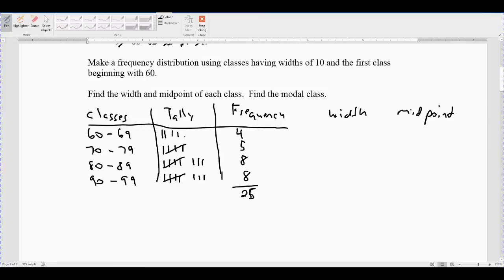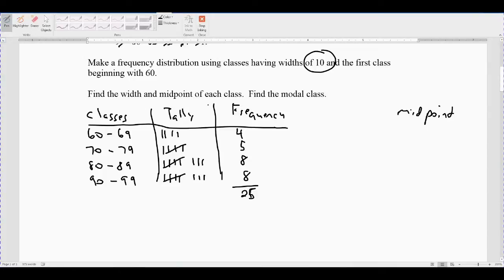We already know the width of each class. It has to be 10. The way you read that, it's asking for the width of each class, but it was given to be 10, so it's a question that was already answered for us.